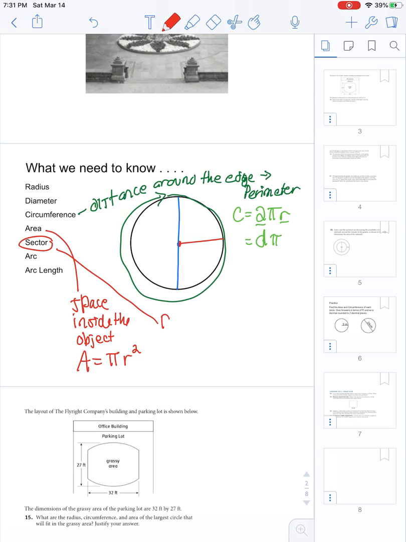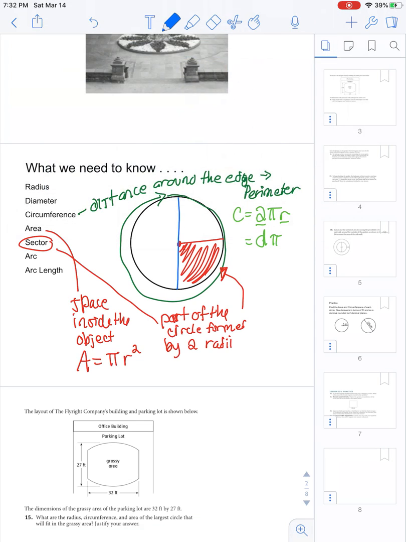Another piece that we'll be talking about in this unit is the sector of a circle. A sector is simply a part of the circle formed by two radii. So in this diagram up above, this piece right here could be called the sector of the circle. And one of the things we'll be doing in this unit is learning how to find the area of a sector.